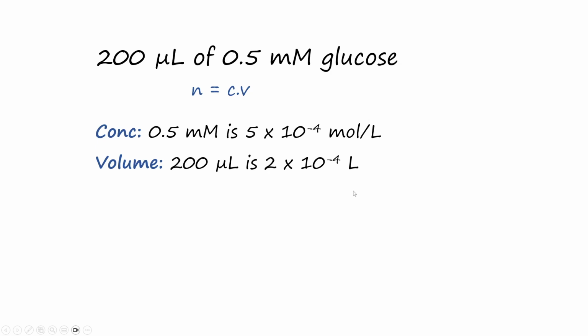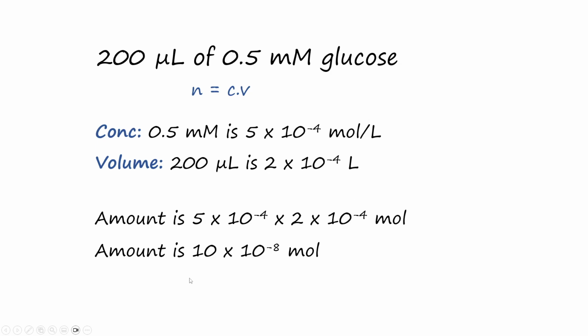Now this is all fine and you can still do the sum, but what you get at the end, 10 times 10 to the minus 8, although we know it's 100 nanomoles, you'd be surprised at how many people get this the wrong way round. They either say it's 1 nanomole or it's 1 times 10 to the minus 7 or something like that.